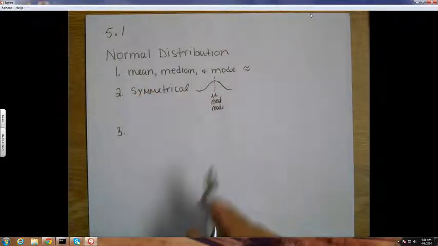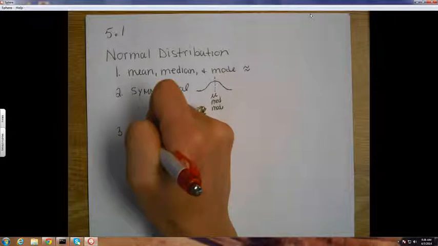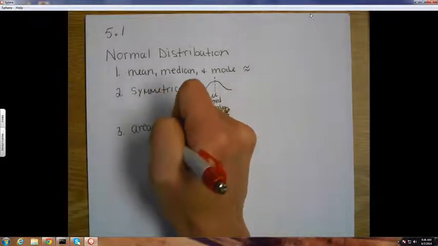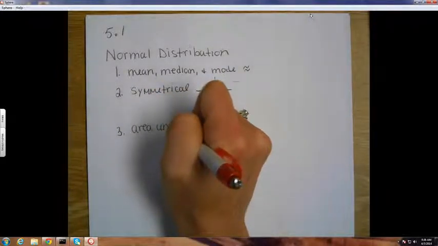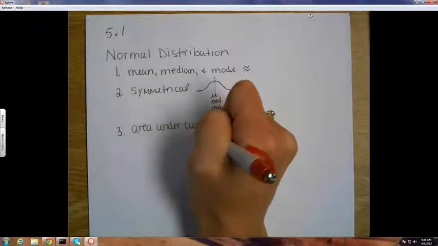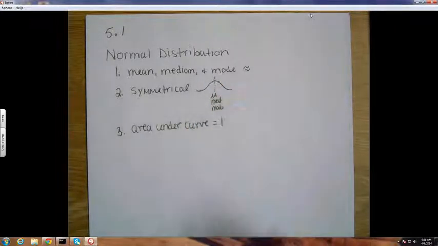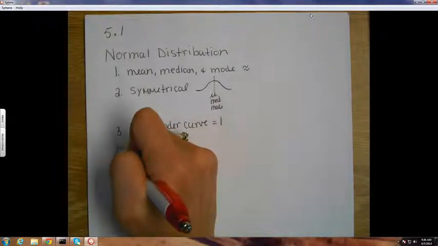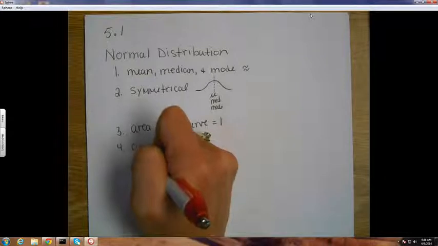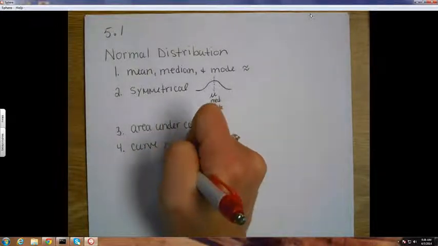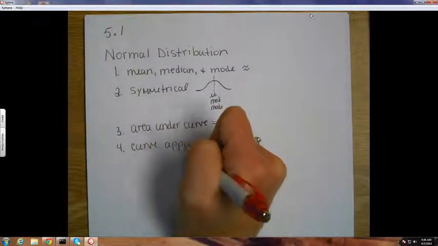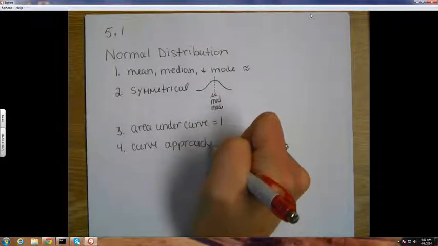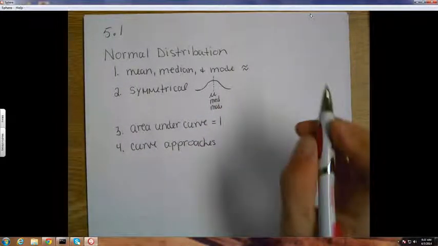The area under the curve does add up to 1, because the area under the curve is going to represent probabilities. And probability distribution, remember the probabilities add up to 1? And the curve approaches, but never touches the x-axis.